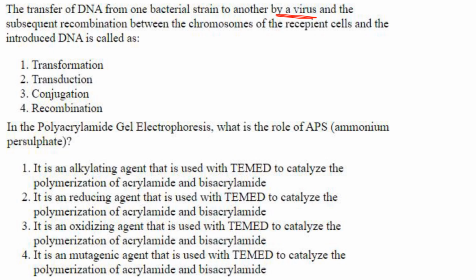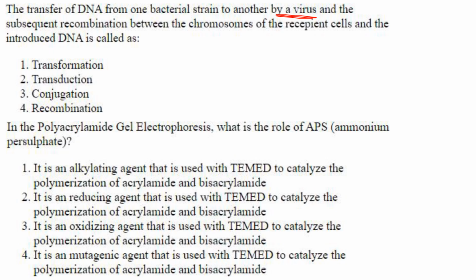What happens after the transfer of the DNA? The introduced DNA will recombine with the chromosome of the recipient cell. That is what they have told in the question. So you have to see for the keyword, that is by a virus.